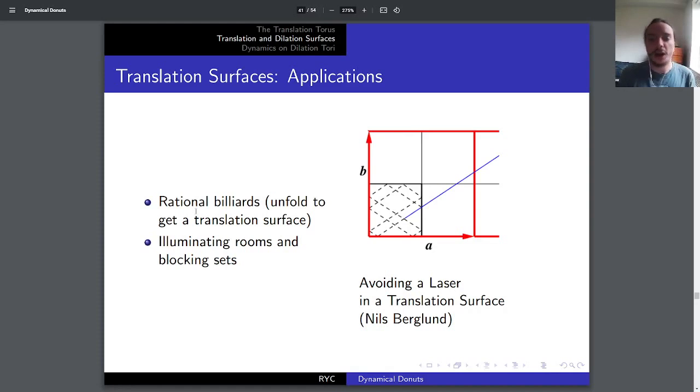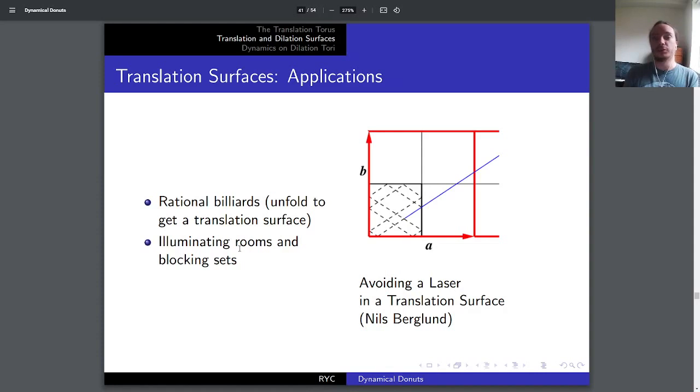Now, you could imagine more complicated tables, which are not realistic, but which also have rational angles like this, and you could use the theory of translation surfaces to understand them. We also have this problem of illuminating rooms. So, you imagine you have a room that has mirrors on all the walls, and you shoot a laser from some point. And your question is, does the laser hit every point in the room?